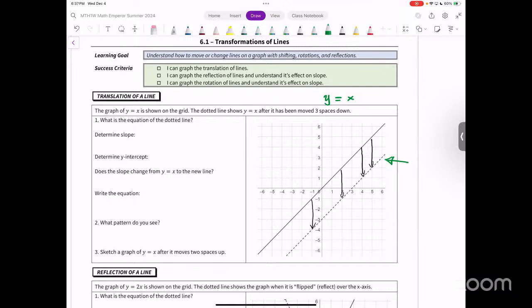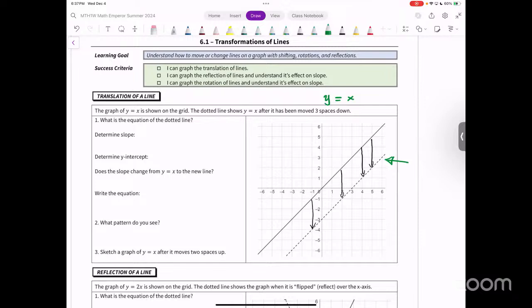Let's go to Vishali. What has been changed to my line? The x. Shreya, what has been changed? The y. Sharon, what happened to my line? What's the difference between the solid line and the dotted line? The y-intercept. The y-intercept has changed.